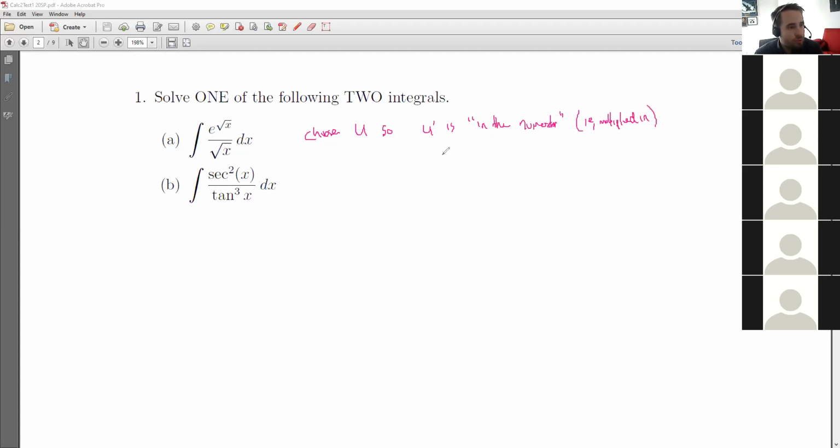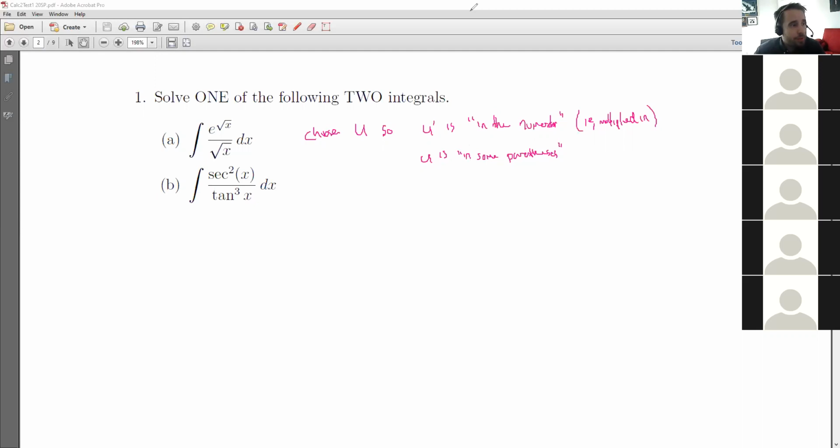And I want to choose u so that u is in some parentheses, either explicit or implicit, meaning that it's getting plugged into another function. So u is supposed to be some inside function here.